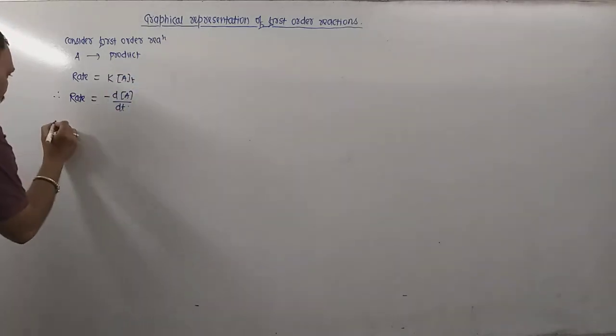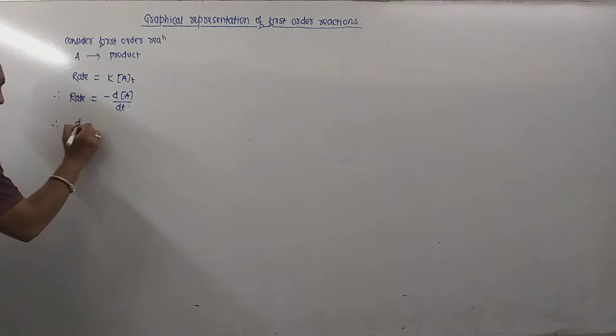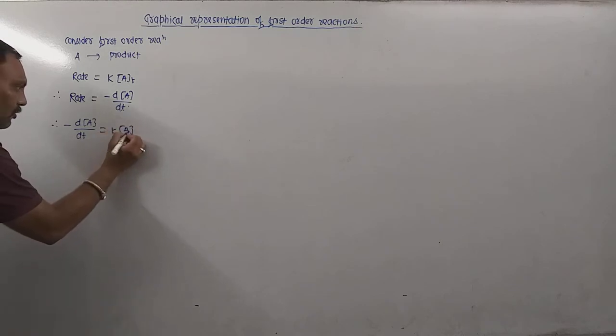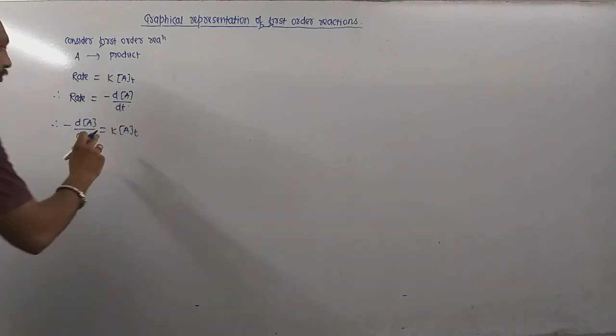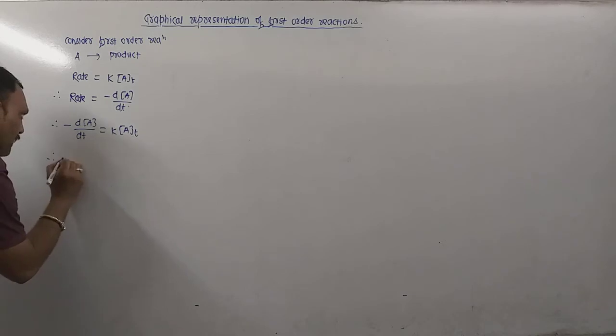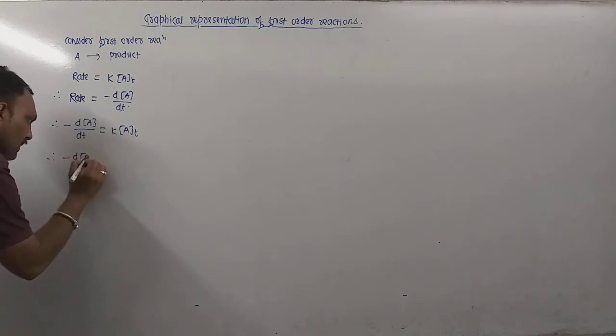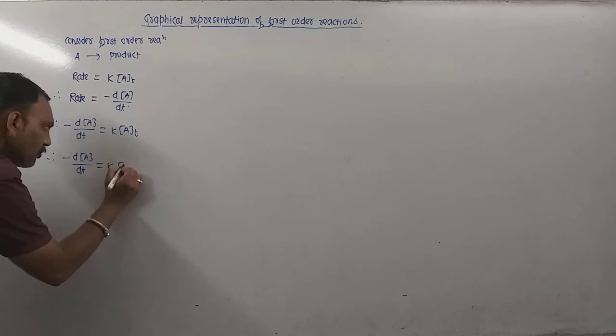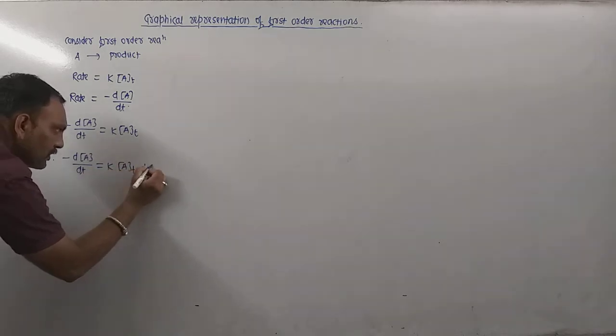By comparing these two, minus d[A] by dt is equal to k into concentration of A at t, and this can also be given as minus d[A] by dt equals k into [A]t plus 0.